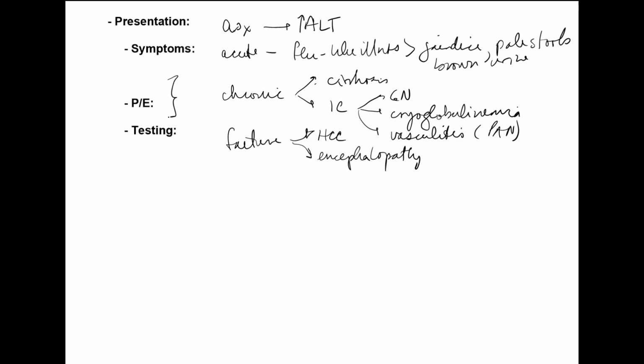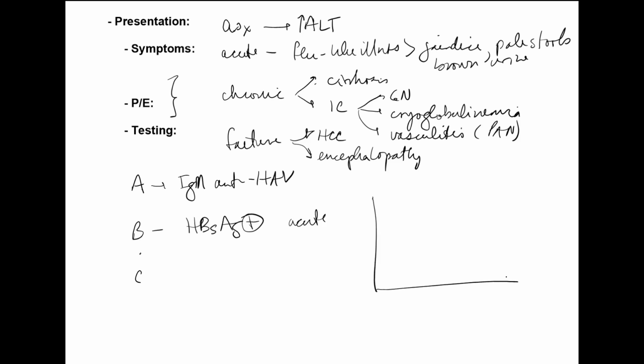Testing for the viral hepatitis for A, B, and C include IgM anti-hepatitis A virus for A. Hepatitis B universally is hepatitis B surface antigen positive, but in acute disease there is a problem, which is this.